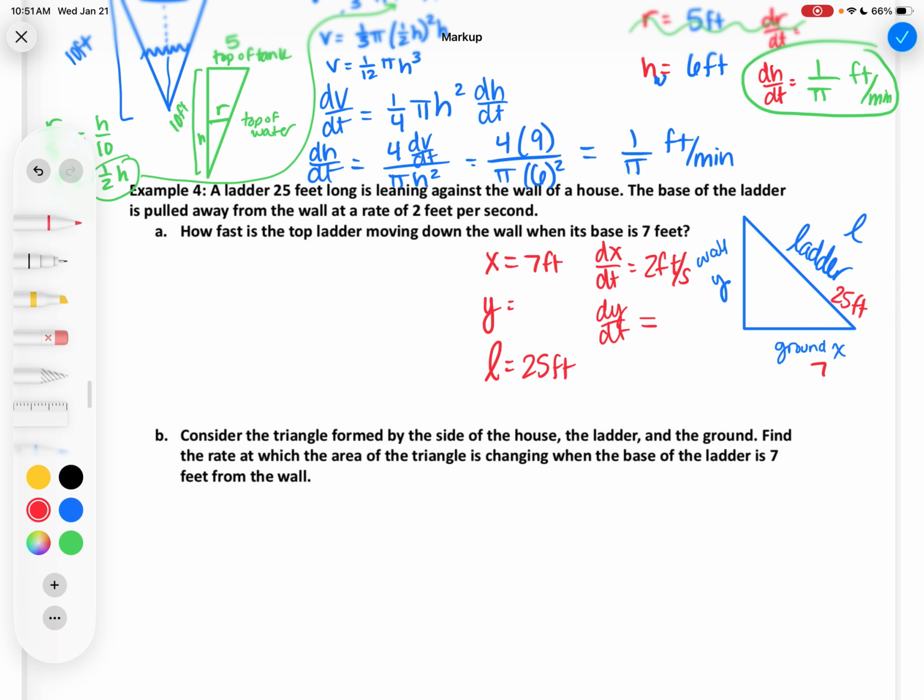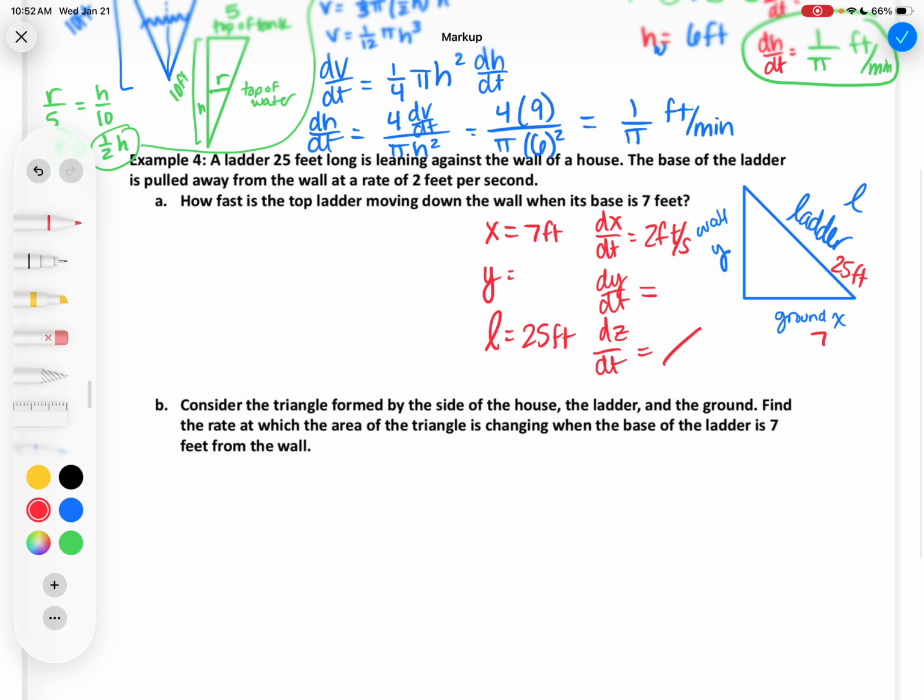By the fact that it's saying down the wall, I'm probably going to assume my answer is going to end up being negative, most likely. And then dz/dt. Well, we're not assuming the ladder is one of those that you can change the height of. We're assuming it's a fixed ladder that's 25 feet, so that's not changing. So there's really nothing there as far as what that would be equal to.